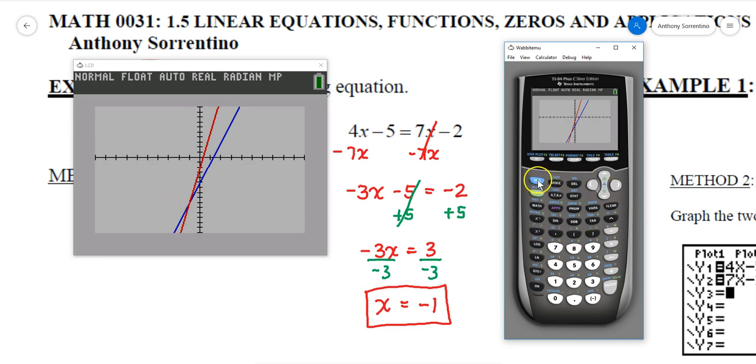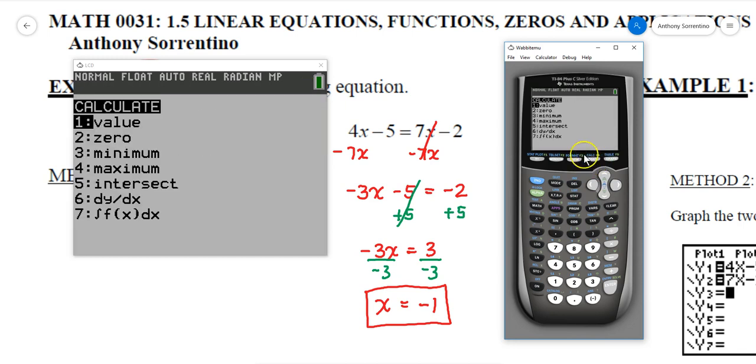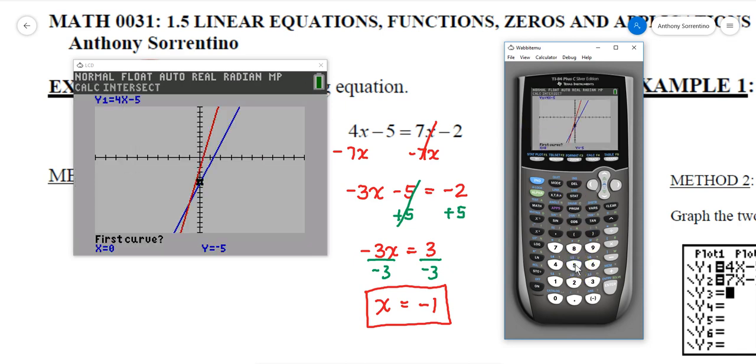So I come up to second, I'm going to go to the calculate menu, and I'm going to go to 5, intersect. Now what this asks you to do is pick the first curve, pick the second curve. Then I want you to do a guess, which you could do by moving it as close to the intersection as possible.